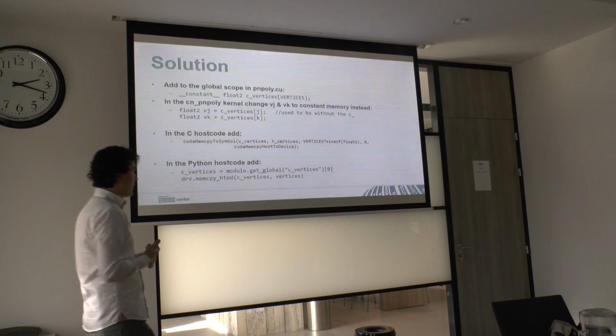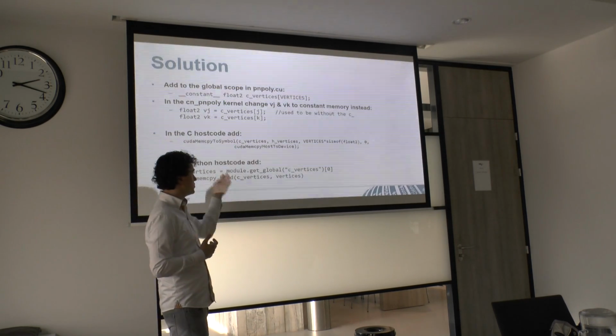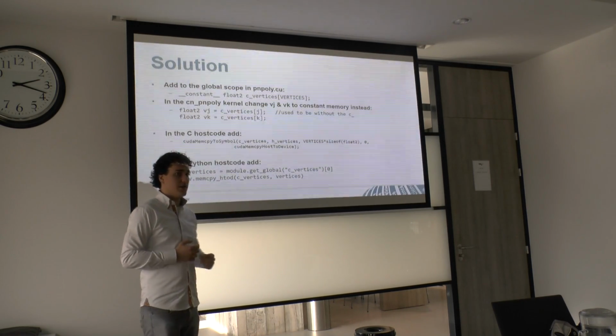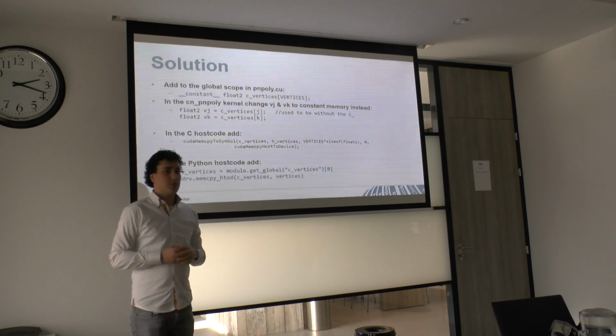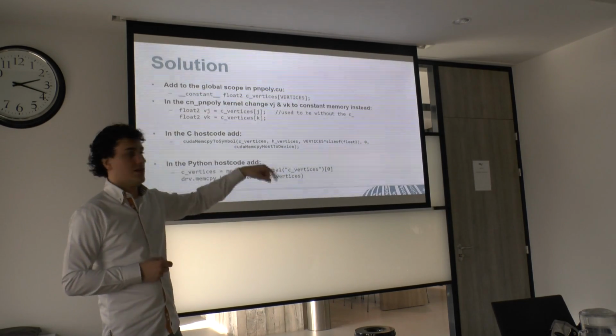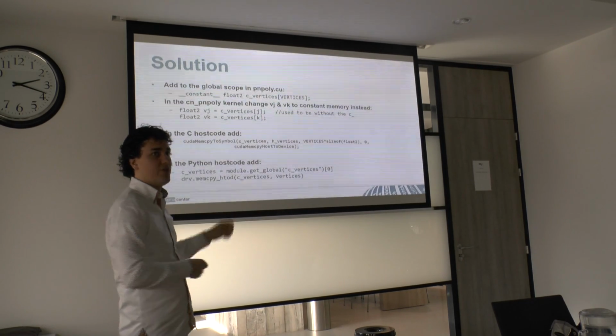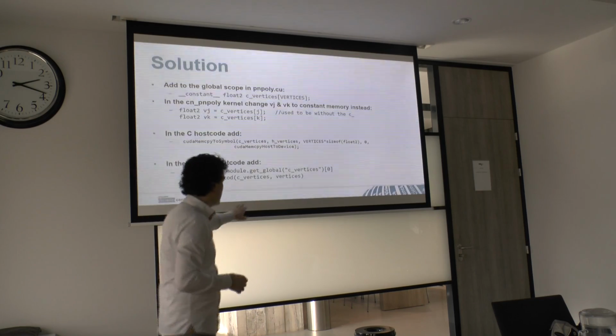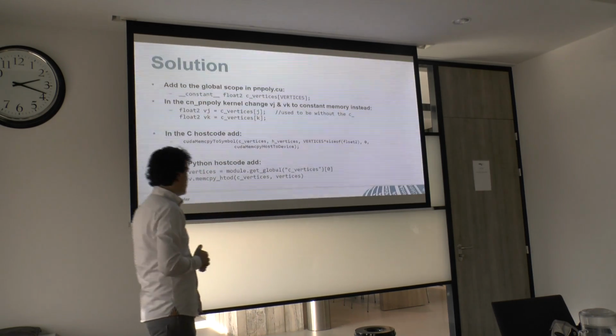PyCUDA then has a reference to this compiled module, and I conveniently named that module object. To that object we have to ask, hey, where did you leave my variable with this name? And that's why we have this get_global function in there.